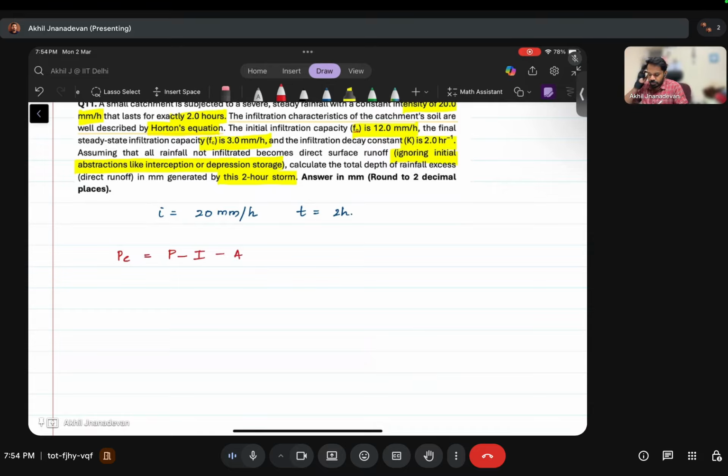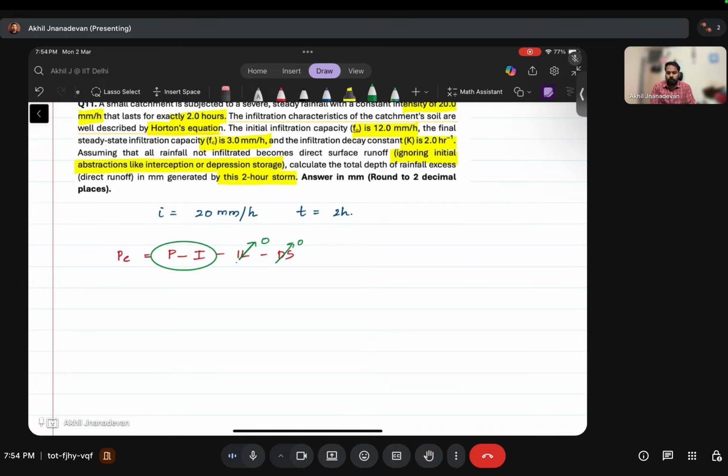They are asking us to neglect all of these. So if we have the precipitation and subtract the infiltration depth that we quantify, we will get the rainfall excess. This is also one method to find the rainfall excess, using the infiltration equations.